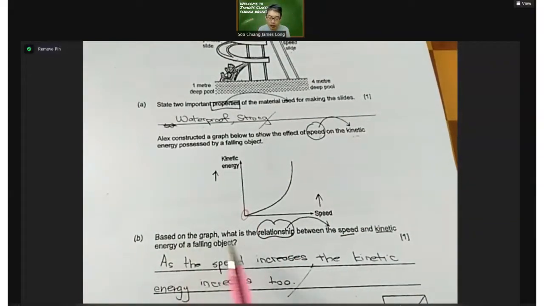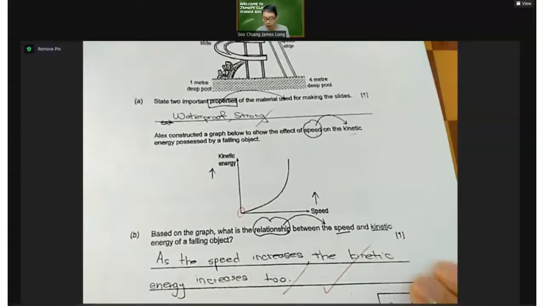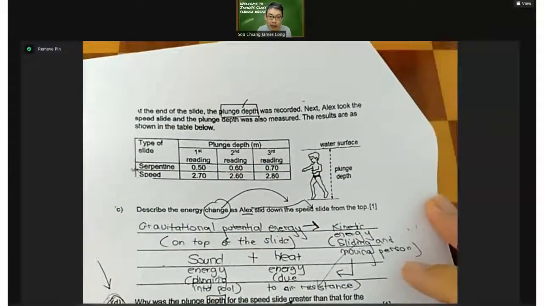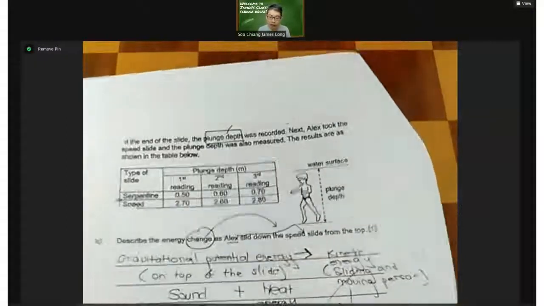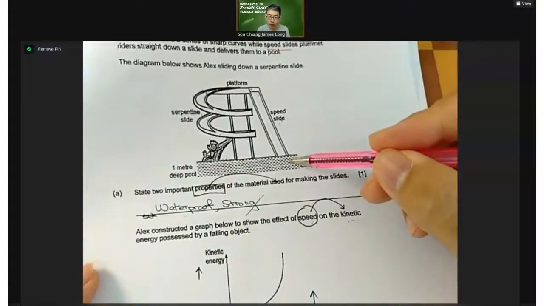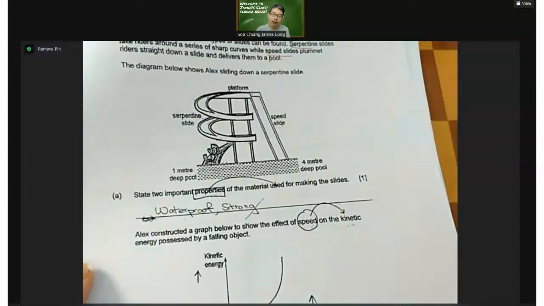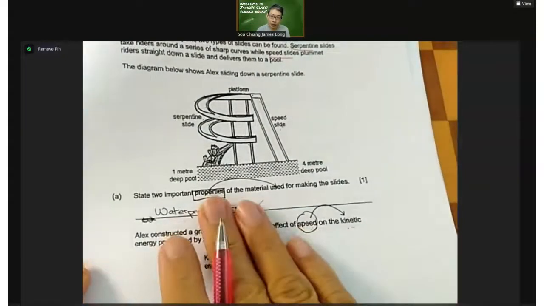Based on the graph, what is the relationship between the speed and kinetic energy of an object? As the speed increases, kinetic energy increases too, correct? At the end of the slide, the plunge depth was recorded. Plunge refers to how deep the person goes into the pool. Of course, the person goes down with more KE, then it will go further into the pool.